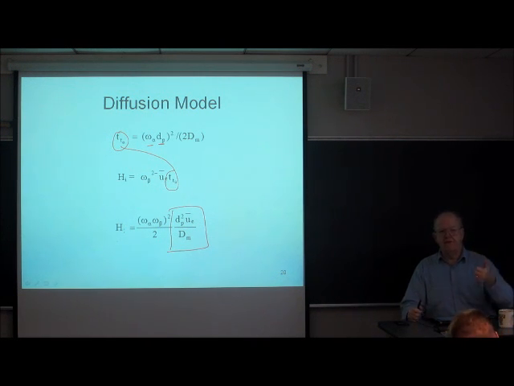This obviously disagrees radically with the first model, which says it goes only with the first power of the particle diameter. It says that it gets worse the higher the flow velocity, which also radically disagrees with the first model, which says it's independent of the velocity. And this says that it depends inversely on the diffusion coefficient of the molecule that's diffusing, which also disagrees with the first model. They couldn't be more different.